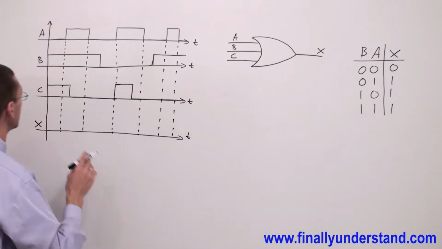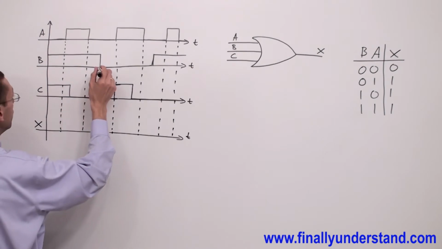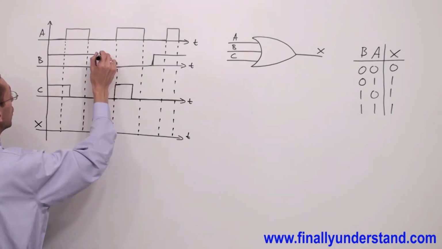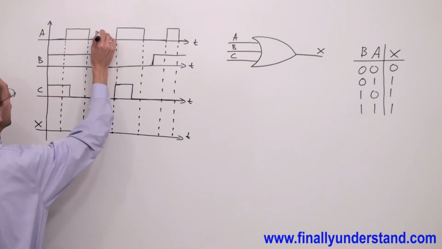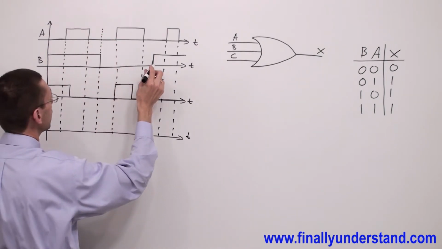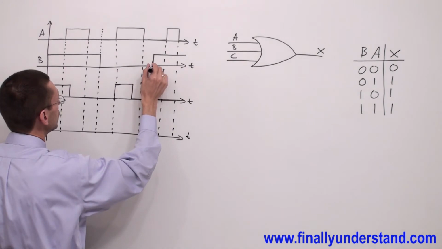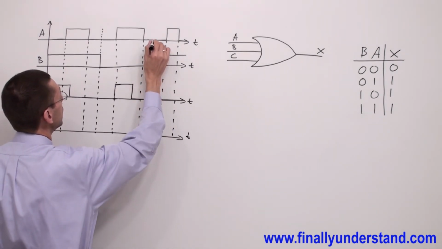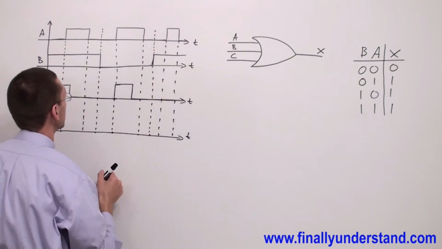Next, we're supposed to do the same thing for waveform B. This is the first transition from high to low, and remember, you're supposed to also go up with the dashed line. And we have another transition from low to high, and draw the transition from the bottom to the top also.